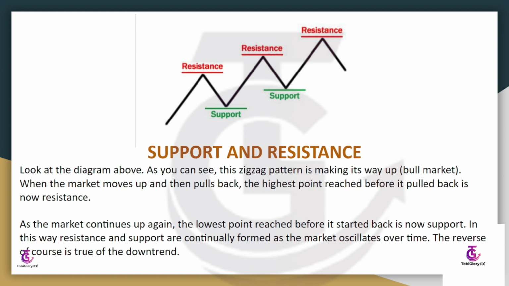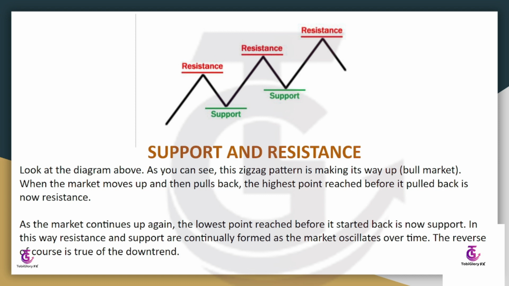Look at the diagram above. We have a resistance, support, resistance, support, resistance. Then it's support here. In the diagram above, as you can see, the zigzag pattern is making its way up, a bull market. When the market moves up and then pulls back, the highest point reached before it pulls back is now resistance.